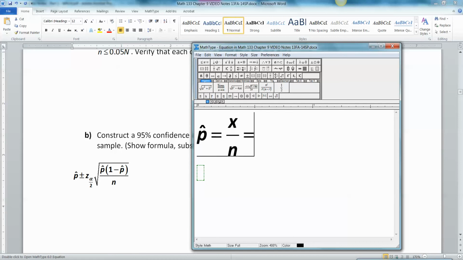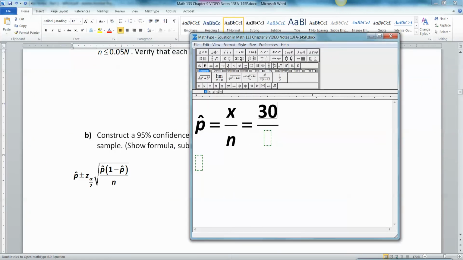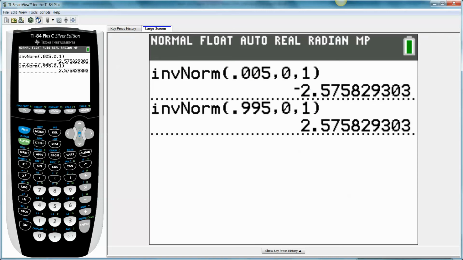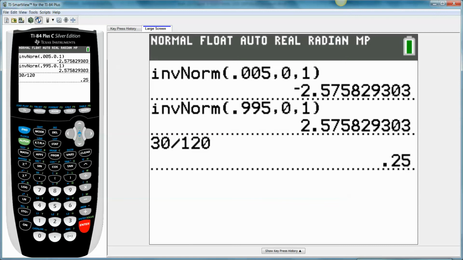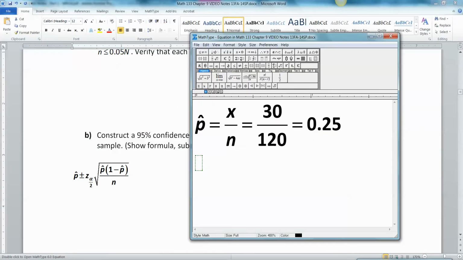It's actually very much the binomial distribution, right? X is 30 in our case. We had 30 successes, 30 red beads out of 120 total, right? Which would be 0.25, if I'm not mistaken. I will find out. 30 divided by 120 makes 0.25. Okay, so we have 0.25 as our sample proportion.